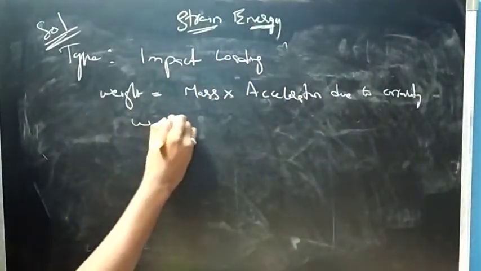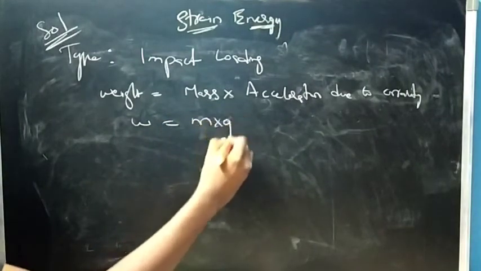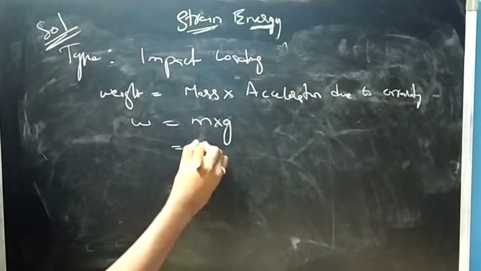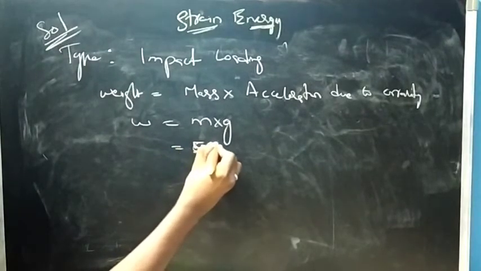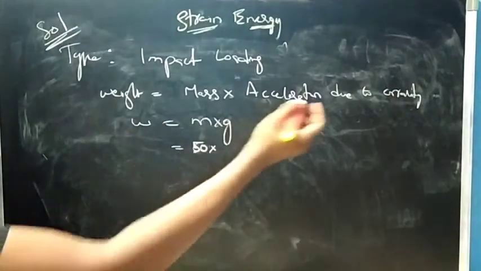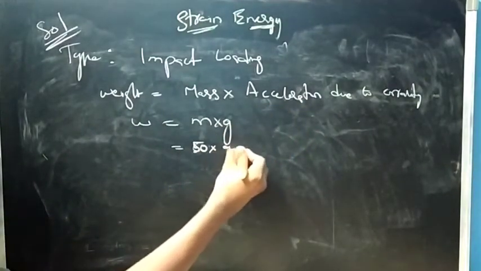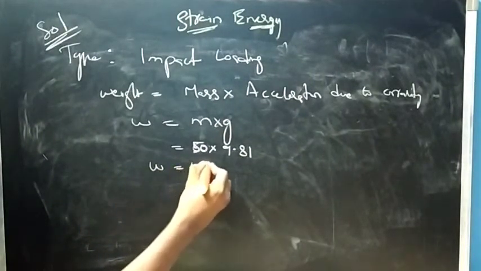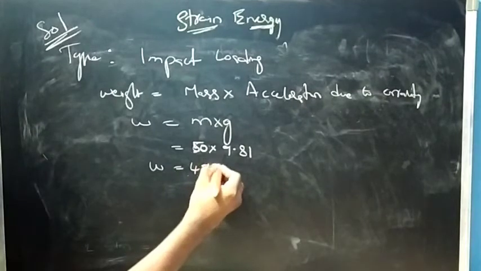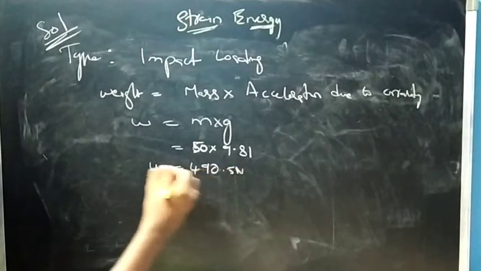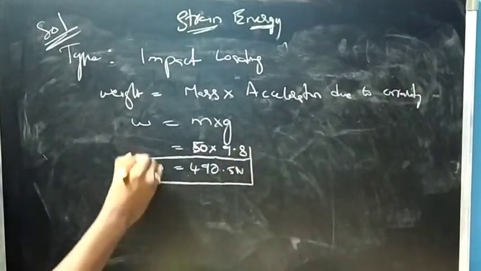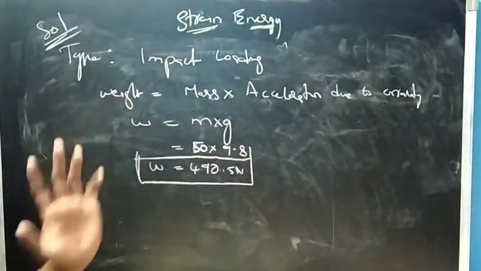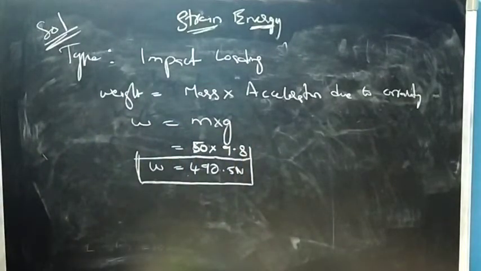So that is W equals m into g. m is 50, and we know the acceleration due to gravity, we can take 9.81, right? So now I got the value of weight, that is 490.5 Newton. So this is the force with which it is going to strike the bottom of the bar. Clear, right?